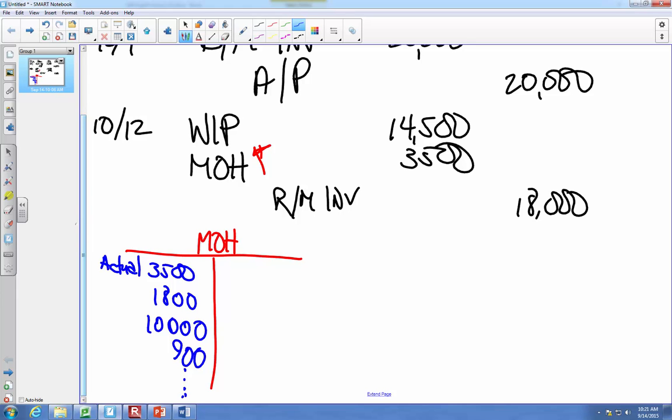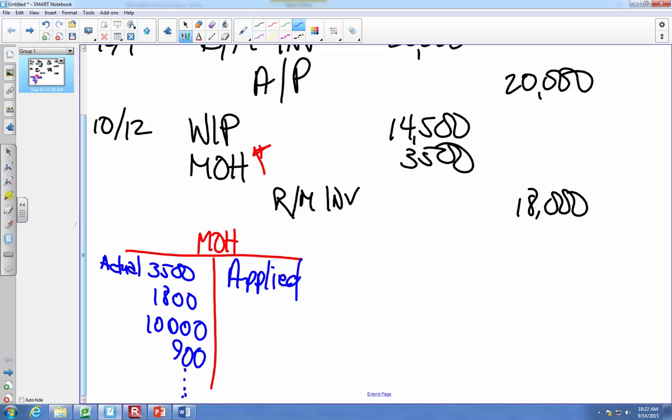What goes on the credit side then? And I apply overhead based on a predetermined manufacturing overhead rate.